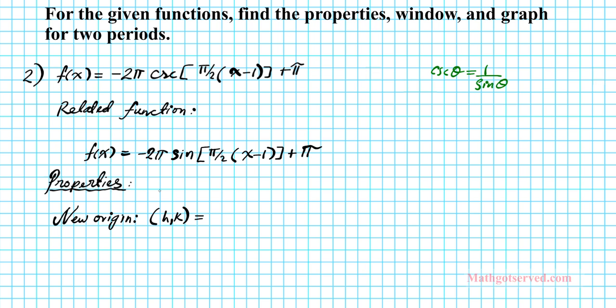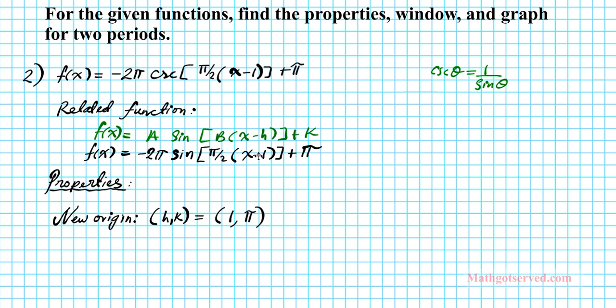Let's write down the standard form for the equation of a trig function up here. f of x equals a sine b times x minus h, plus k. All right, so we can see that b is pi over 2, a is negative 2 pi, h is 1, and k is pi. So our new origin is going to be positive 1 comma pi.